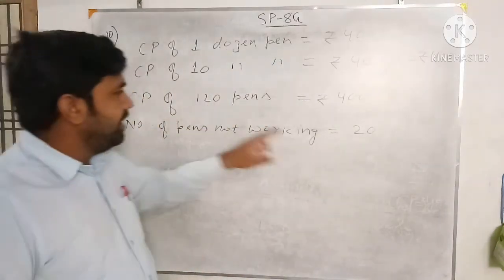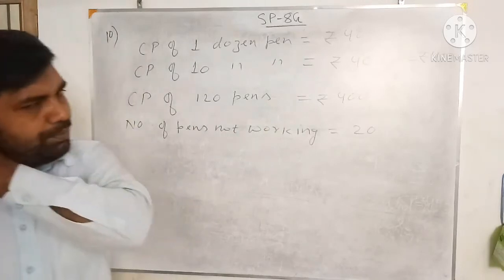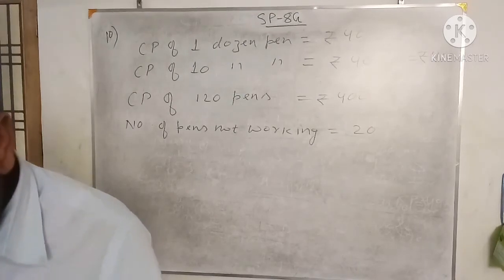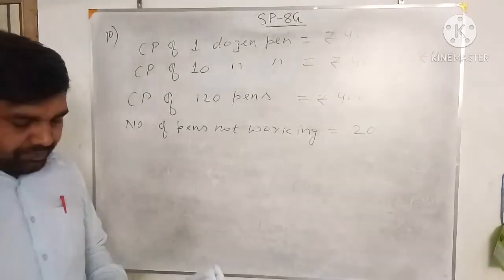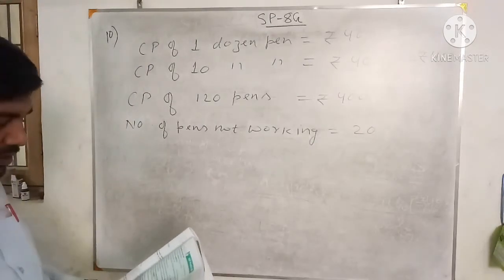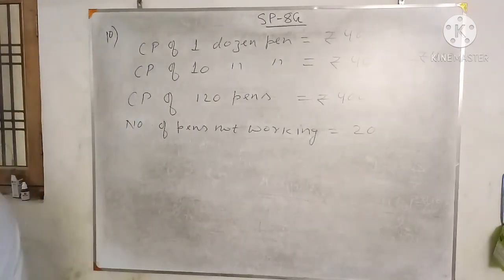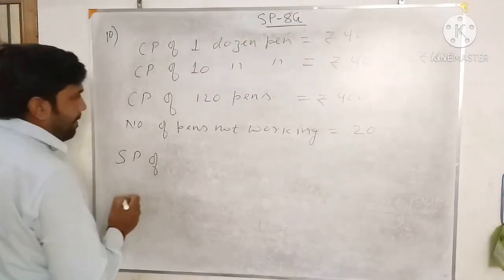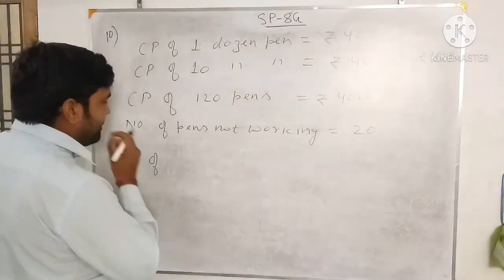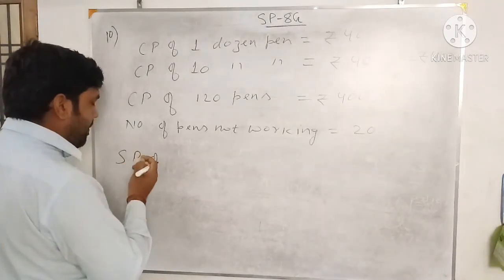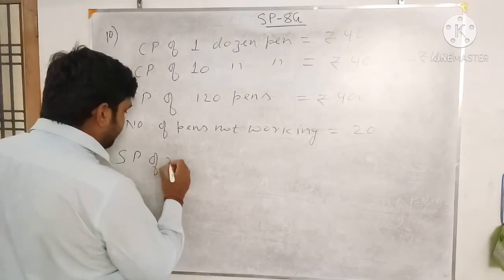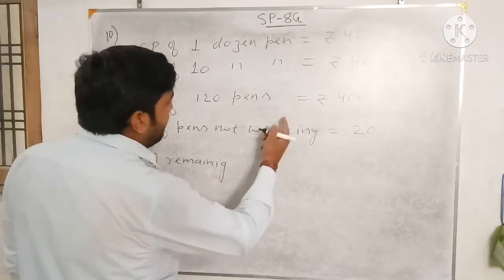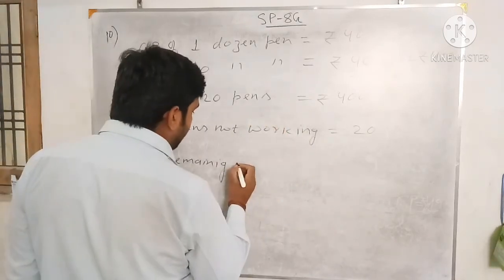So out of 120 pens, he can sell only 100 pens because no person is going to purchase the non-working pens. But he wants to sell each pen in order to make 25% profit on the whole. So the remaining pens are 120 minus 20, that is 100 pens.